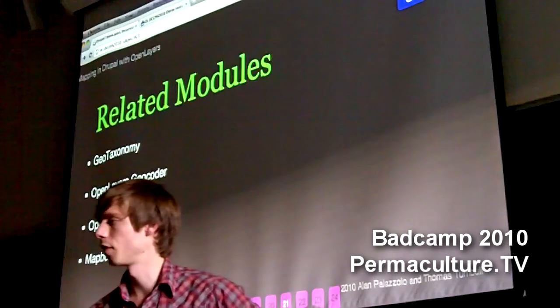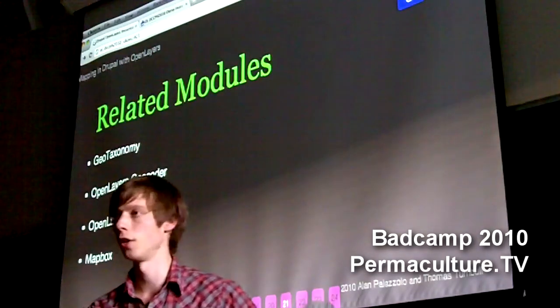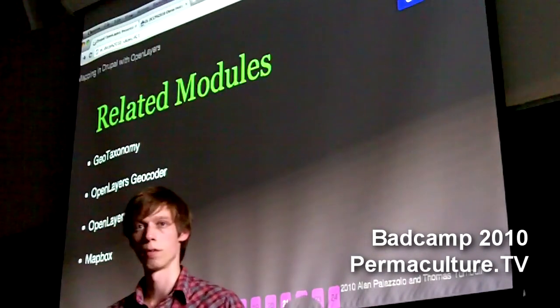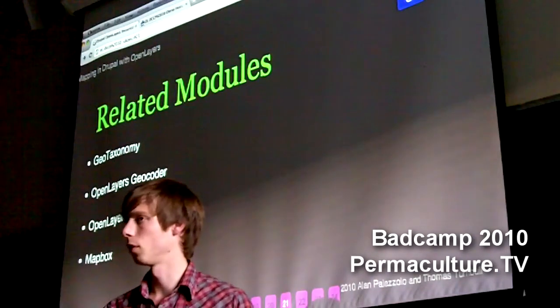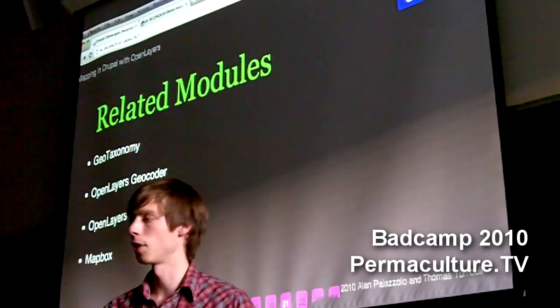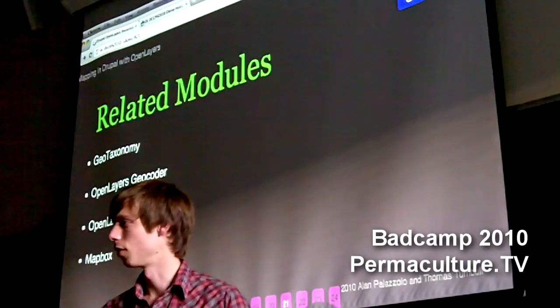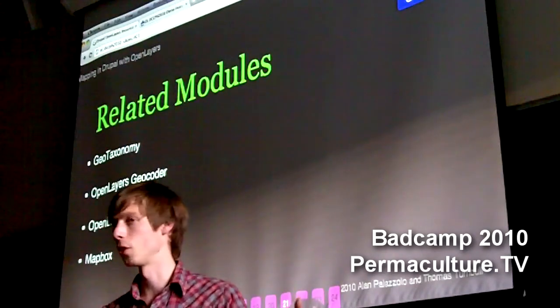And MapBox is a project of DevSeed to put a lot of work into OpenLayers and the mapping space generally in Drupal. The MapBox module gives you a bunch of really nice icons out of the box, and they have a whole other suite of tools. If you want to create your own map tiles, they have a way of spinning up an Amazon server and chopping up images and using the data from OpenStreetMap, because underneath OpenStreetMap is all the data.